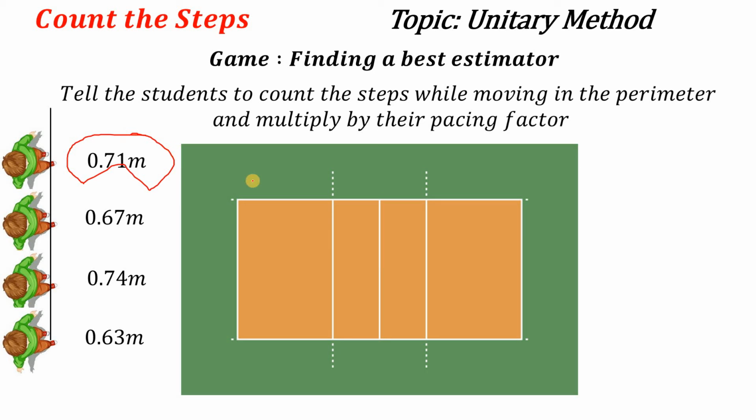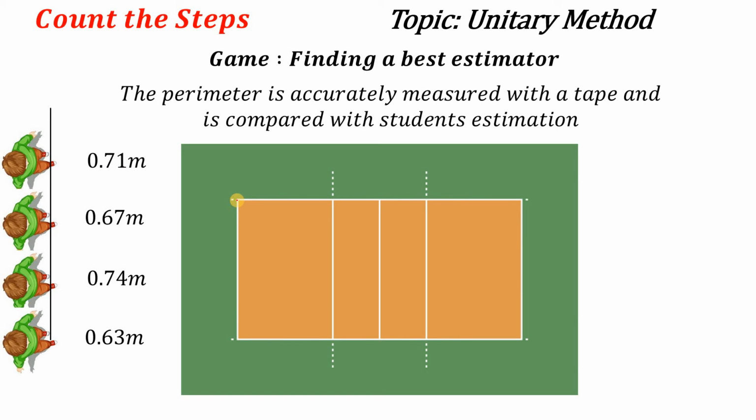Then they will estimate the perimeter of the court. Let's say the student first stands here and starts moving from this line, then goes over this line, and again returns to the same position. He will count the number of steps, multiply it with the pacing factor, and then estimate the perimeter.